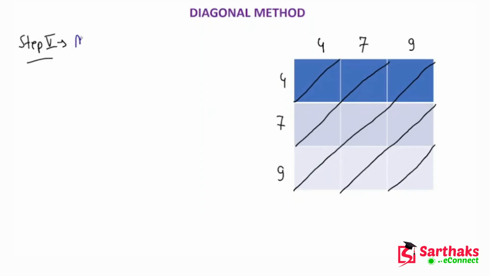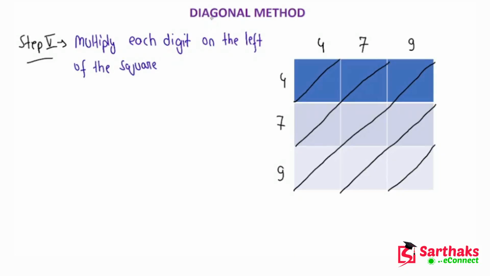According to this step, multiply each digit on the left of the square with each digit on the top of the column, right?